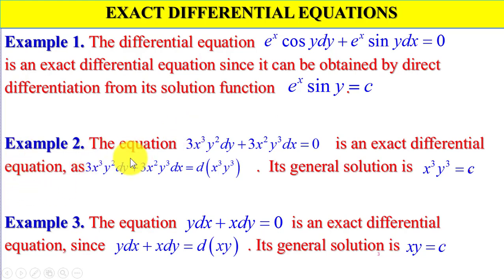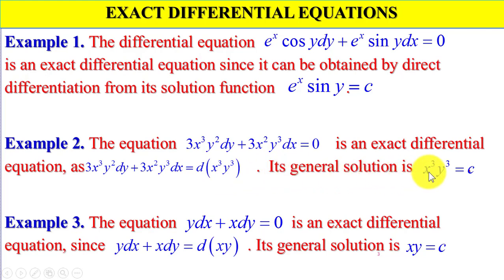Example 2. The equation 3x raised to the power 3 y square dy plus 3x square y cube dx equal to 0 is an exact differential equation, as 3x cube y square dy plus thrice x square y cube dx equal to d of x cube y cube.